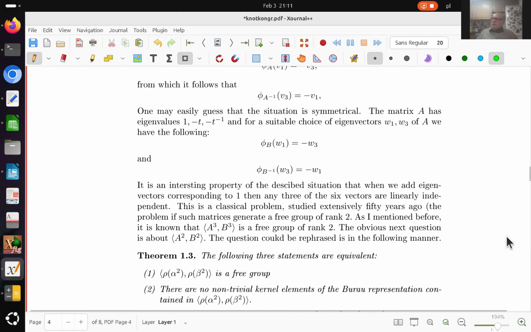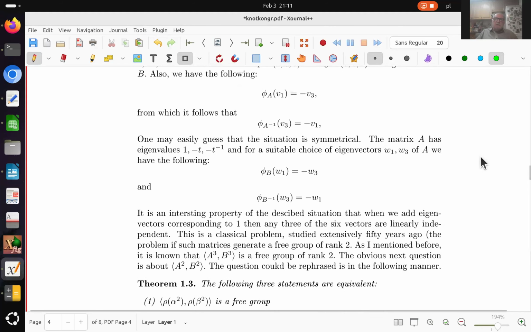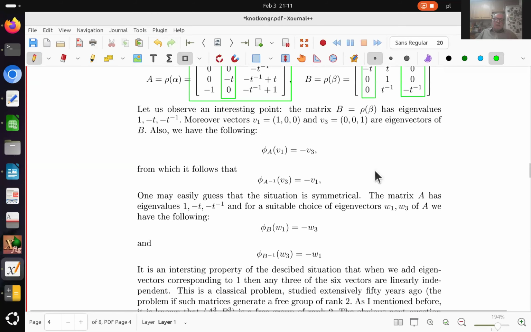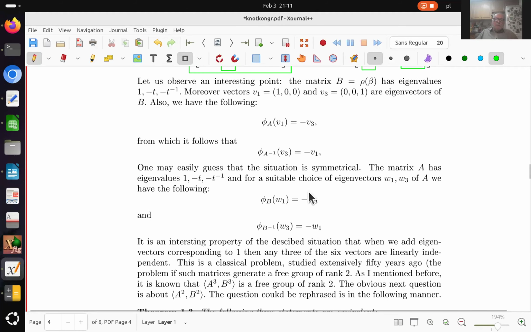I would like one more remark about this. If you look at these eigenvectors, V1, V3 for B, and W1, W3 for A, and you add V2 for eigenvalue 1 and W2 for eigenvalue 1, then you have 6 vectors. And they are as linearly independent as possible.